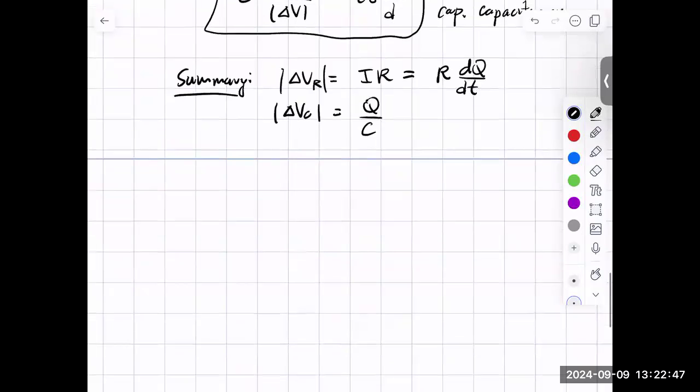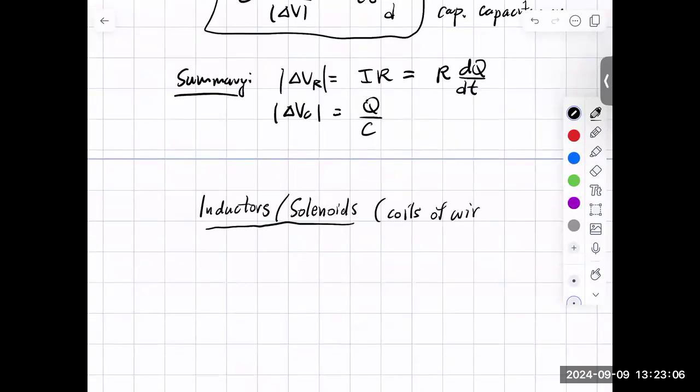Okay, so inductors, sometimes also called solenoids, and these are just coils of wire. What's neat about everything we're talking about so far is that a resistor could literally just be a chunk of metal.